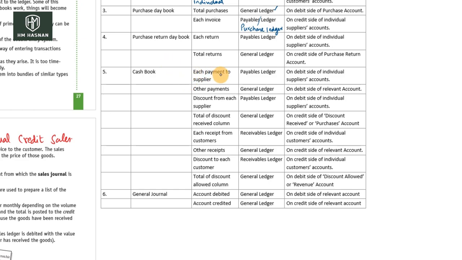Each payment to a supplier will be recorded in the payable ledger, and other payments, meaning the sum of payments, the total payment, will go to the general ledger, and the discount from each supplier. So here is the crux of all the books of prime entry.